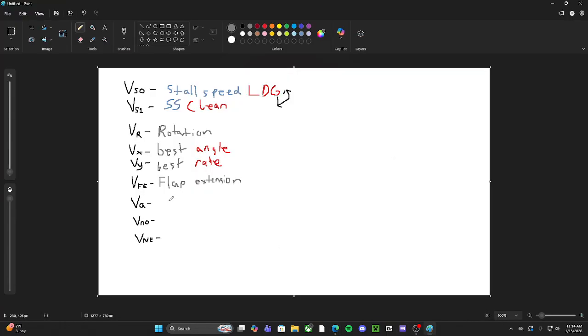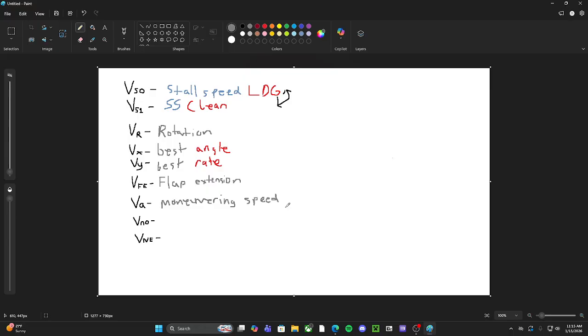Then we have VA, which is our maneuvering speed. So maneuvering speed is essentially when I'm flying, which you would never want to do anyway, but let's say that I went to what's called a full deflection of a control surface.